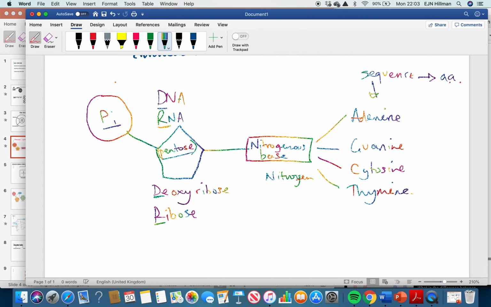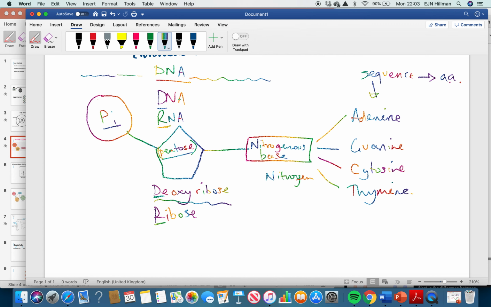So in a question, it may ask you to identify one of these three parts of the nucleotide. You need to see in the question, if it says DNA in the stem of the question, you must refer to deoxyribose.